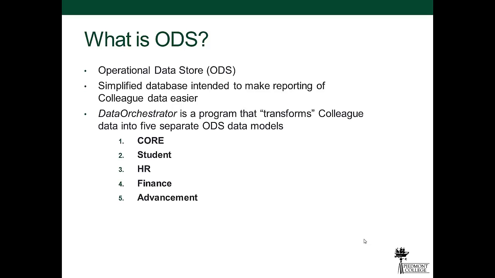A Colleague program called Data Orchestrator is used to create the ODS. Data Orchestrator transforms Colleague data into 5 separate categories of information called ODS data models. These data models are core, student, HR, finance, and advancement.